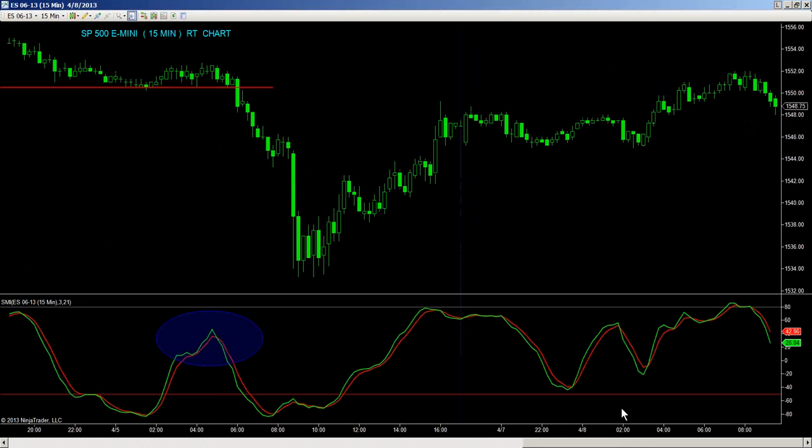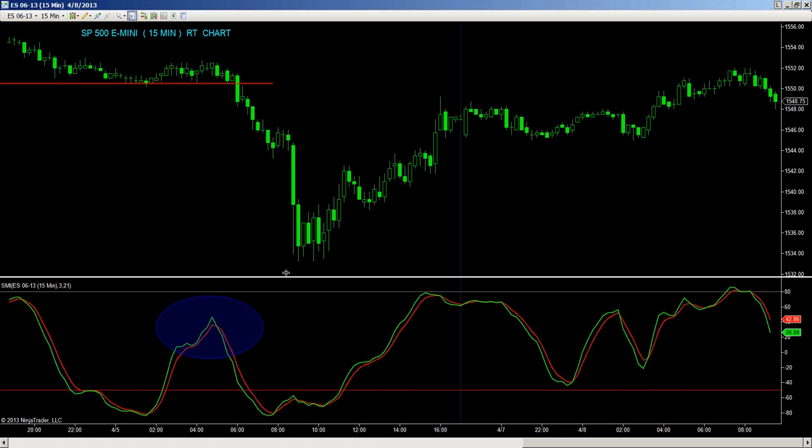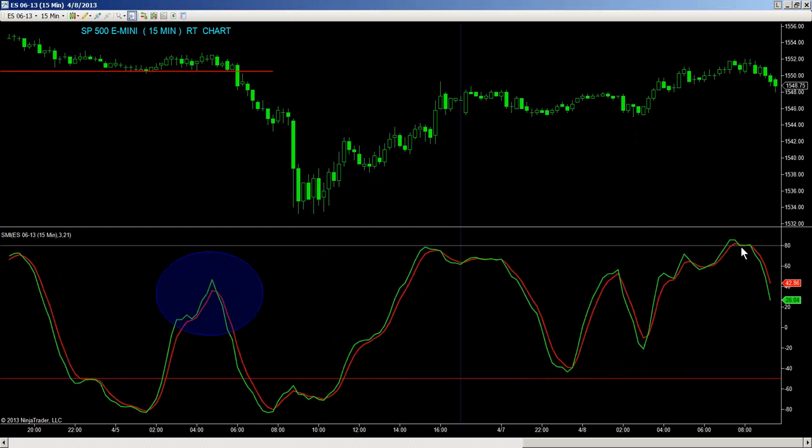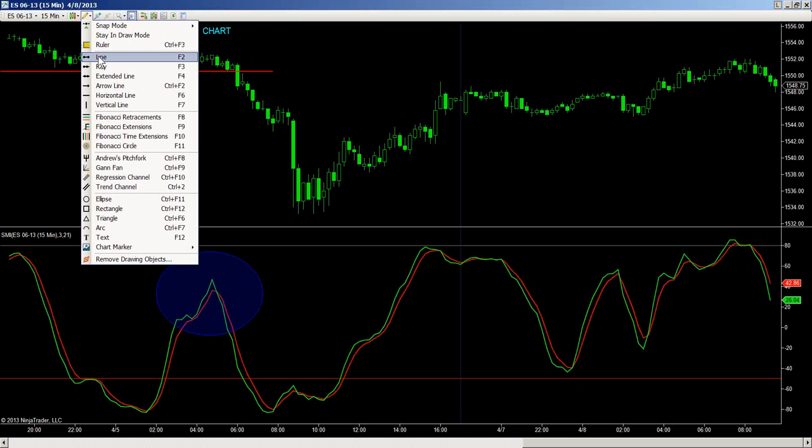Looking here at the stochastics momentum index, it was clear that the cross from above to below the overbought zone with the downward momentum was the key, as far as this indicator was concerned, to being in this trade.